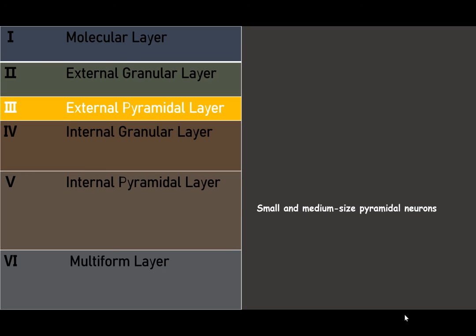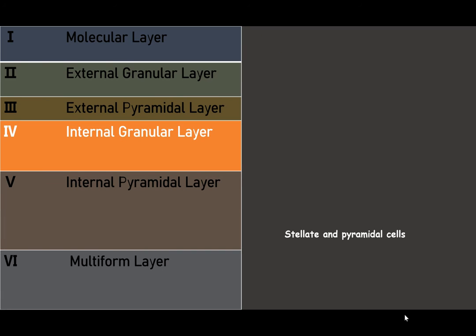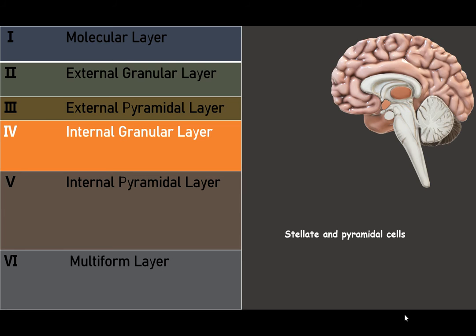Layers 1 through 3 are the main targets of interhemispheric cortical afferents, and Layer 3 is the principal source of cortical efferents. Layer 4, the internal granular layer, contains different types of stellate and pyramidal cells, and is the main target of thalamocortical afferents from thalamus core type neurons as well as intrahemispheric cortical afferents.